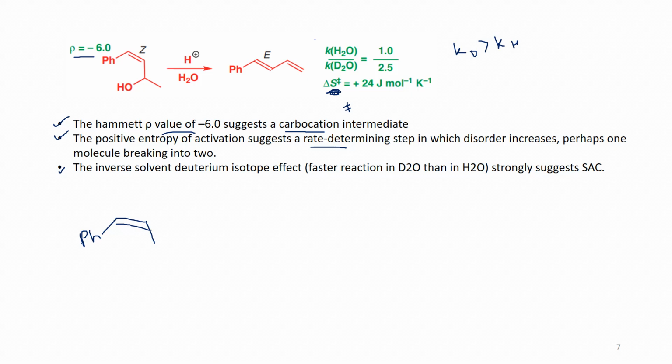So if you want to draw the mechanism based on this information, what will happen? There will be a generation of a carbocation intermediate.